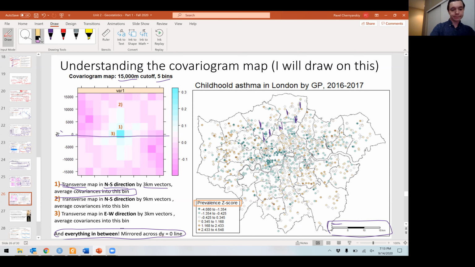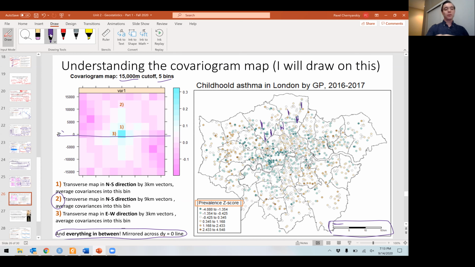Okay, let's do another one. Number 2 is doing the same thing, just not 3-kilometer vectors, but 9-kilometer vectors. So now 9-kilometer vectors are about this long. So I'm going to traverse my map using 9-kilometer vectors.